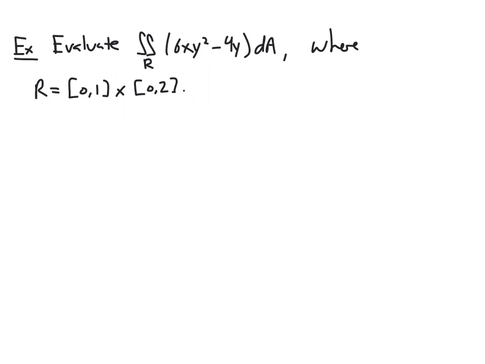So this particular integral will not compute the volume under the surface. It'll compute what you might call the signed volume. Any volume that's under the surface but above the xy plane will be counted positively. Any volume that lies under the xy plane will be counted negatively.